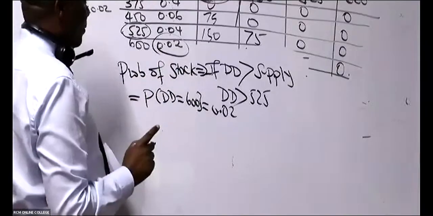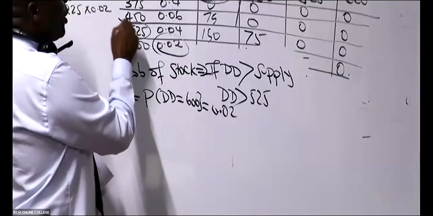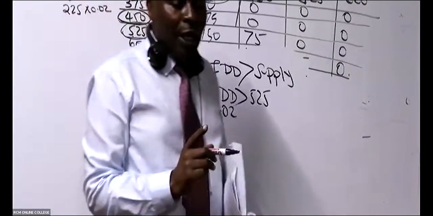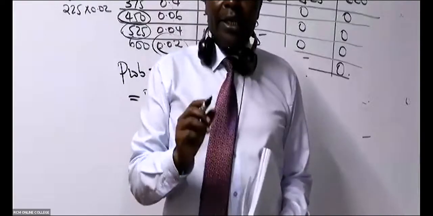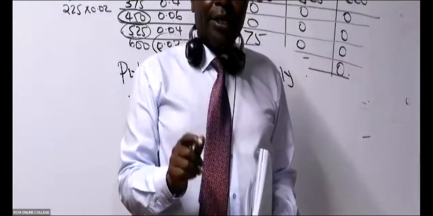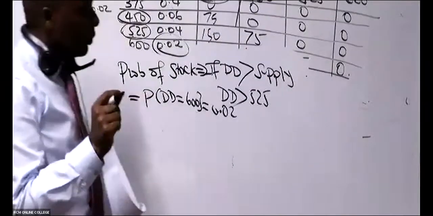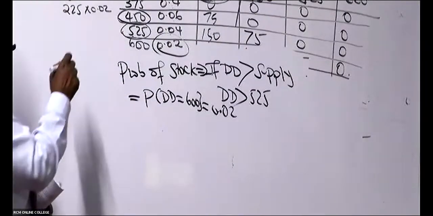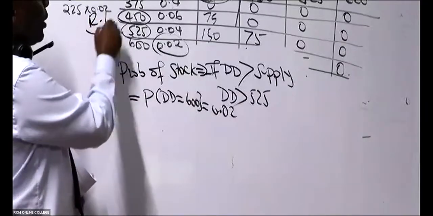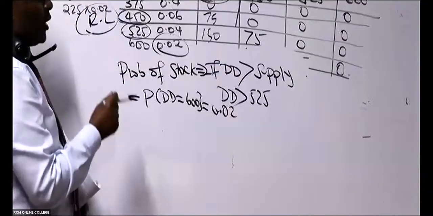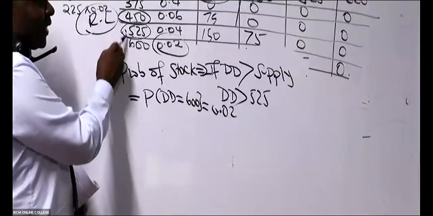Let me ask you students another question. What if our optimal reorder level was 450, and you are asked to ascertain the probability of stock out? If what we have recommended optimally is 450, and someone asks you the probability of running out of stock, there are only two events, isn't it?